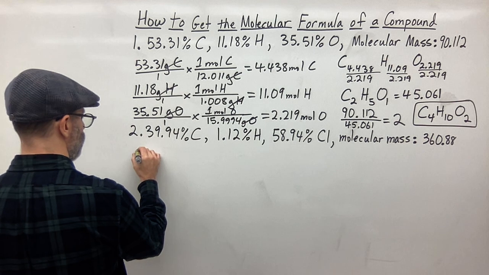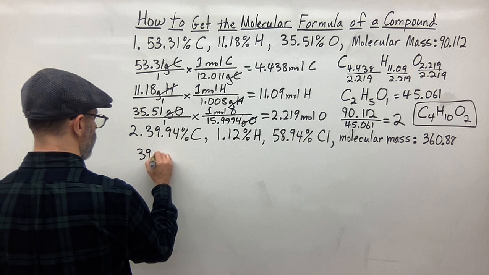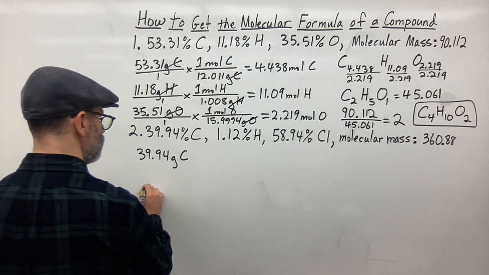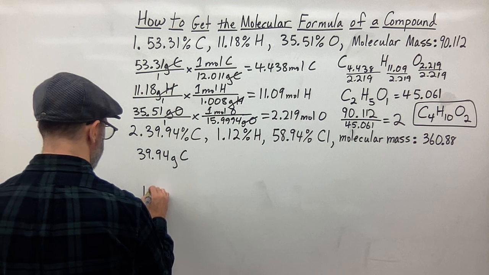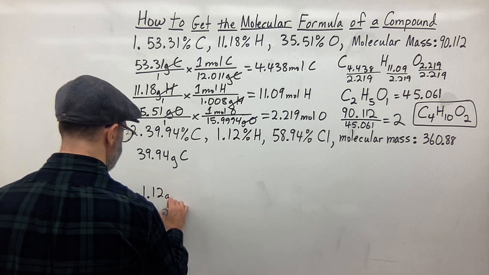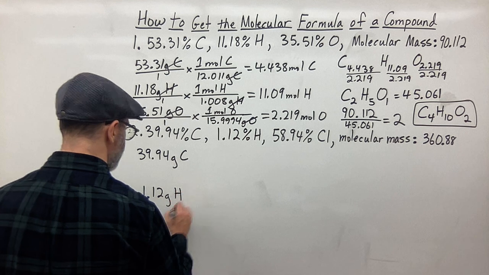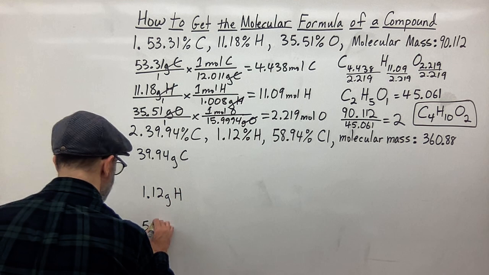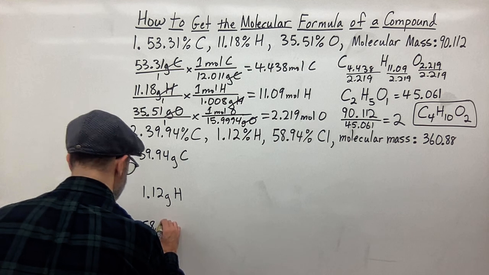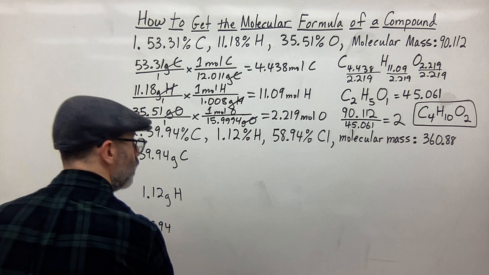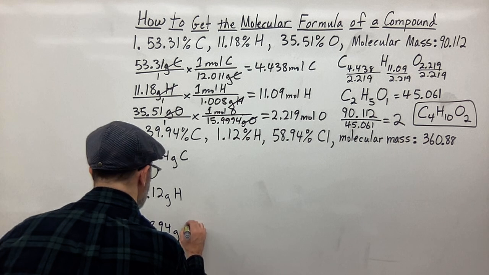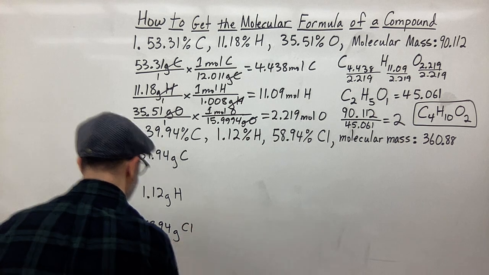So I'll have 39.94 grams of carbon. I'll have 1.12 grams of hydrogen. And then I'll have 58.94 grams of chlorine.